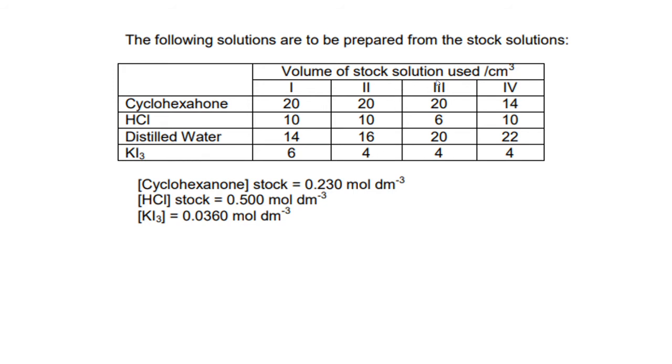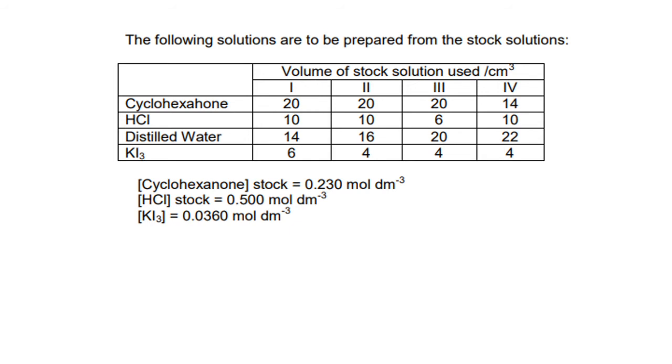As you go to trial 3, everything is constant, but now, taking this as the main one because everything is 4 here, going from here to here you're reducing the amount of HCl. That means the H plus.